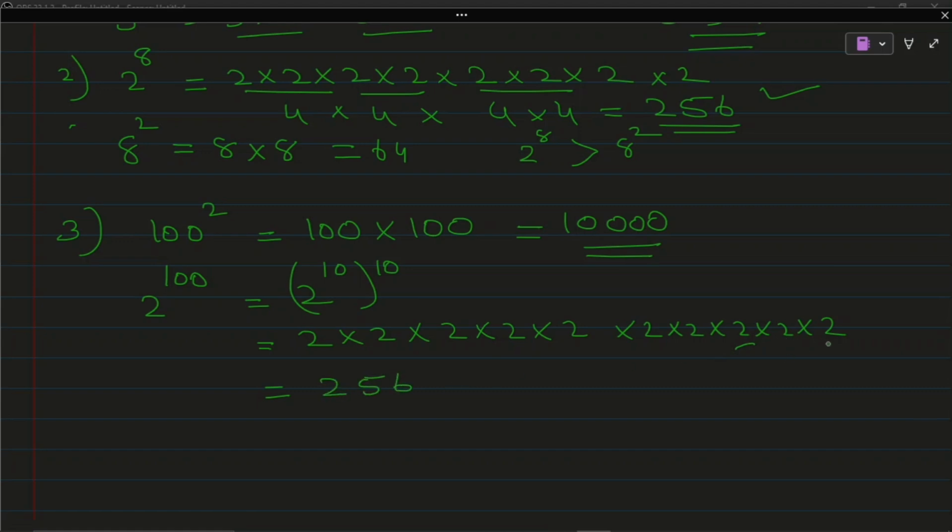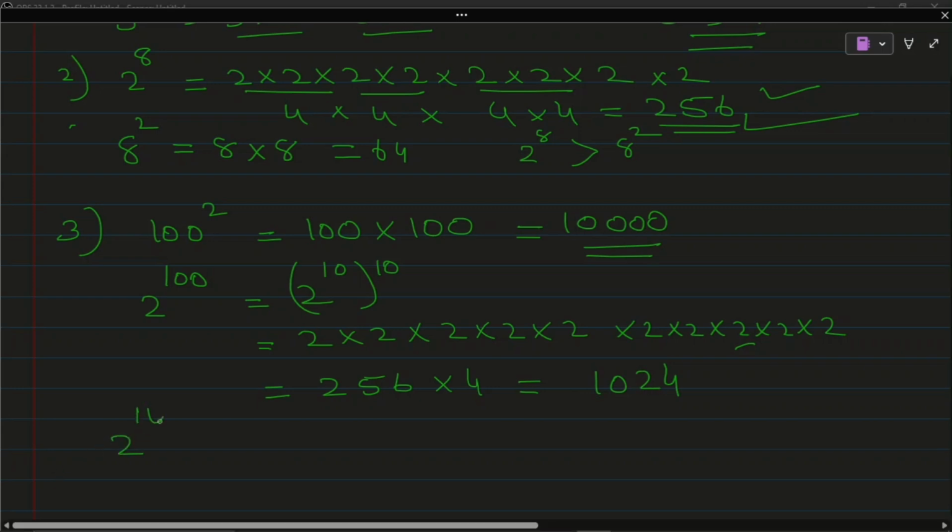Now into 2 into 2, that is 256 multiplied. 2 raised to 8 into 2 into 2, 256 into 4. That means 1024.